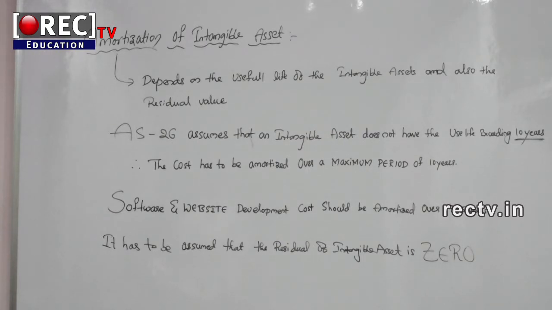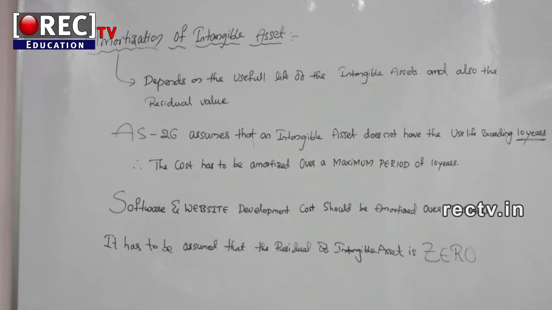What is the meaning of amortization of intangible asset? When you are dealing with a fixed asset, every year you will depreciate that fixed asset and throw it into the P&L account. So over the period of the asset, the depreciation amount goes through the P&L account every year. Likewise, amortization also means depreciation.